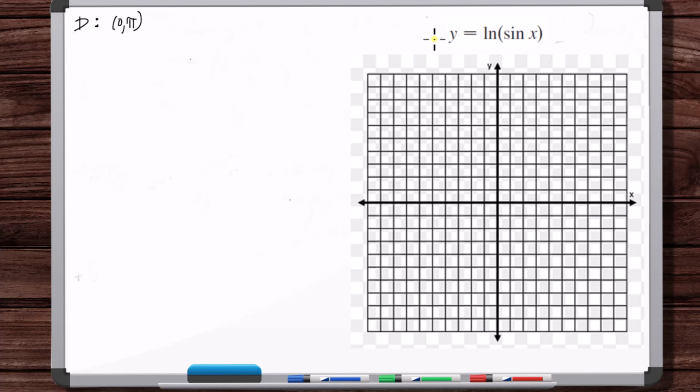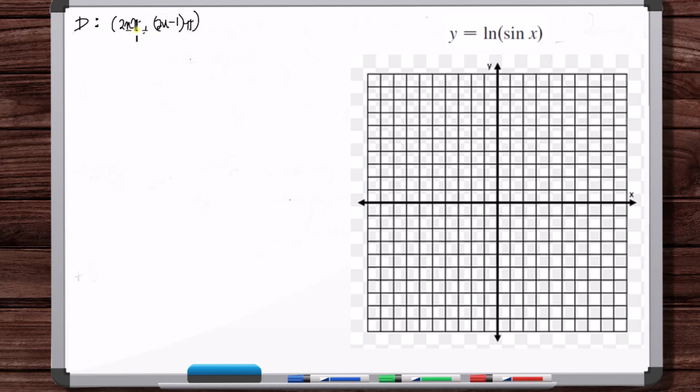So really, technically, if we want to give the exact precise domain here, it's 2n pi and then 2n plus 1 pi, not including the endpoints.